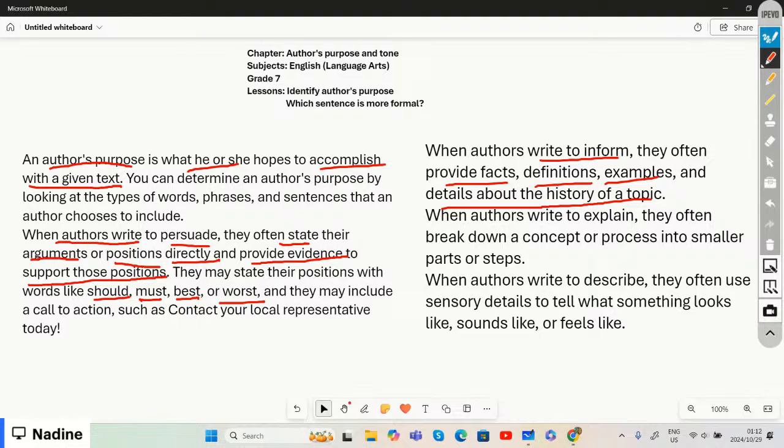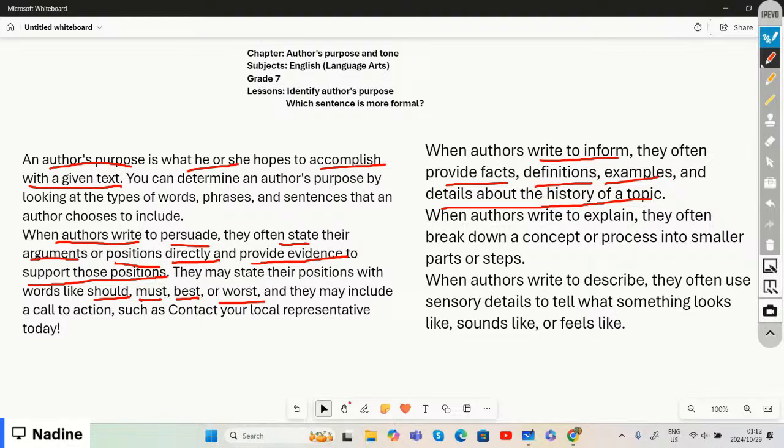Remember, a text is only a short piece of, let's say, a book. And you may determine an author's purpose by looking at the type of words, phrases, and sentences that the author chooses to include within this given text.